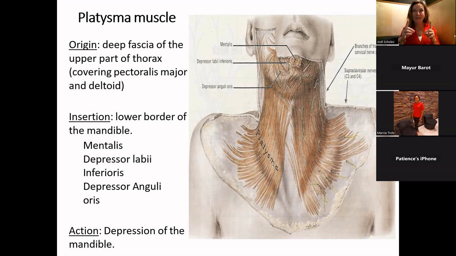Or, an easier way to look at that is: what direction is the movement? It's in the direction of the origin. So if you get a question about origin, which you probably won't, those questions are going away. The origin insertion questions, like what muscle originates at the upper part of the thorax?